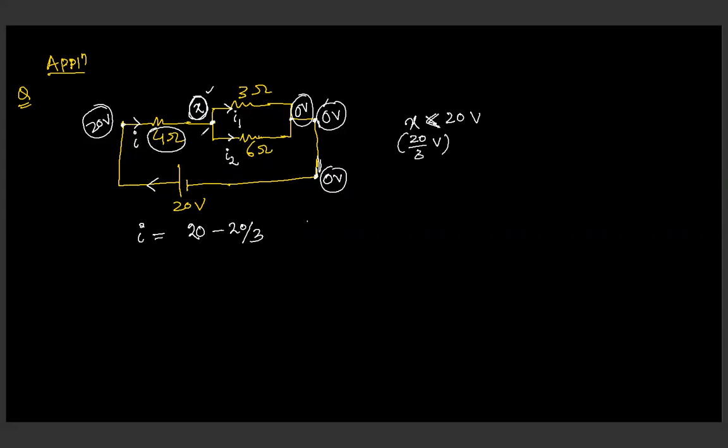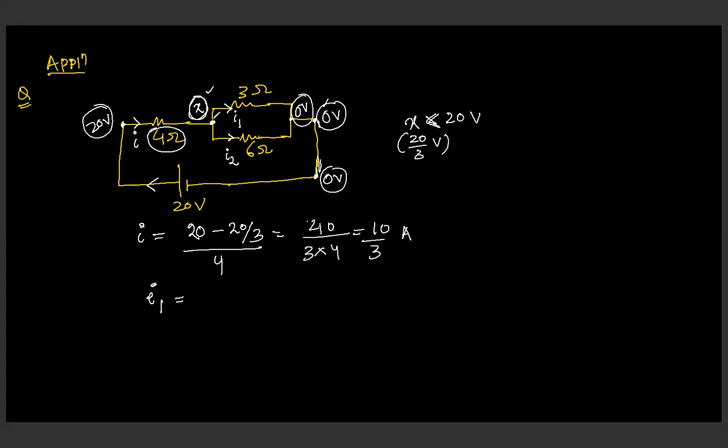The potential difference across it is 20 minus 20 by 3, divided by 4. So this comes out to be 40 by 3 into 4. You do it, you will get 10 by 3 ampere. So the total current flowing through the circuit is 10 by 3 ampere. Now let us calculate the current I1.